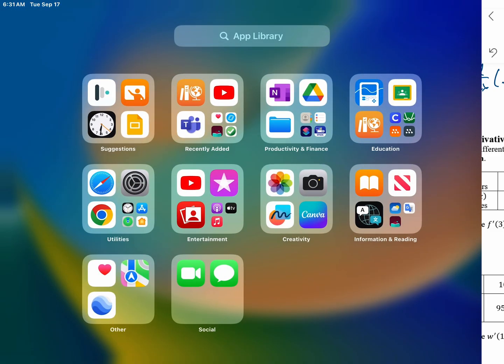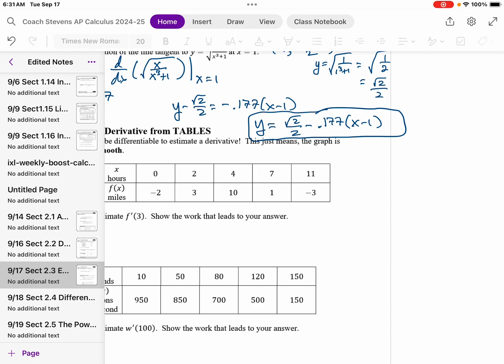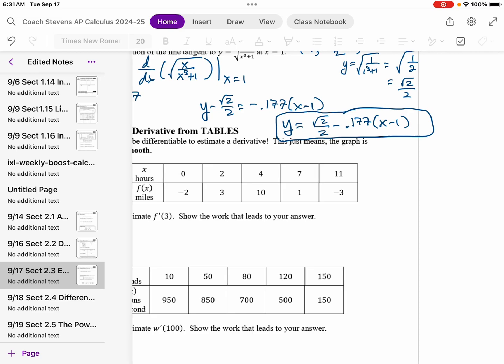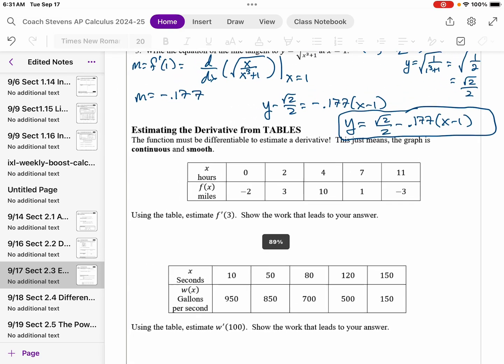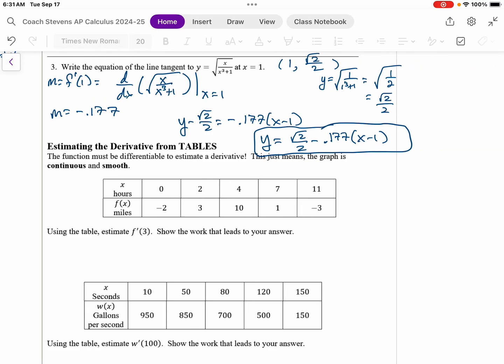So again, as we're going through, there we go. We want to figure out, using a table, how do we come about figuring out what the slope of the tangent line is when we're given a table?